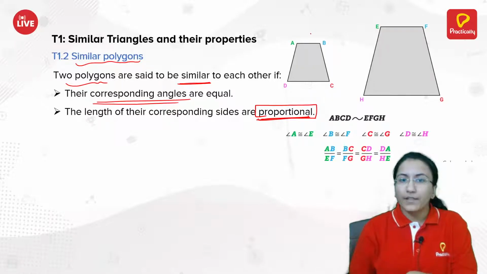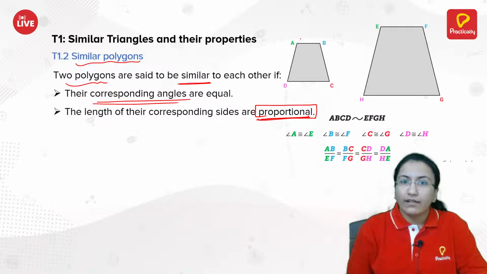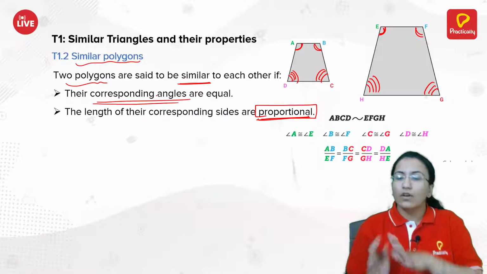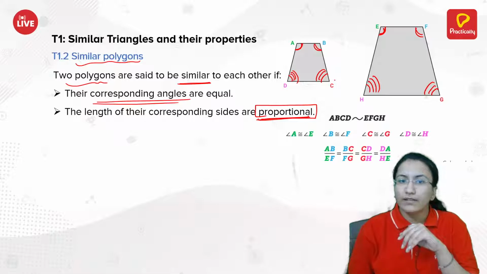For an example, here I have taken a quadrilateral, right? Here angle A is equal to angle E. Angle B is equal to angle F. Angle C is equal to angle G and angle D is equal to angle H, right? So it means that its corresponding angles are equal.